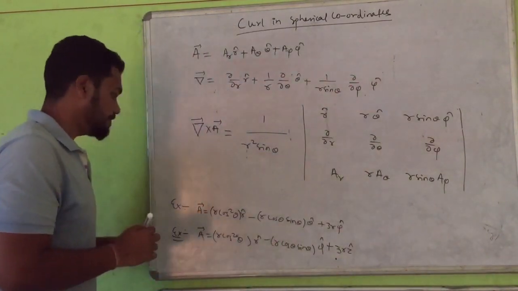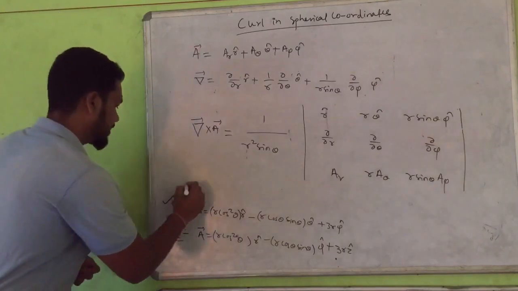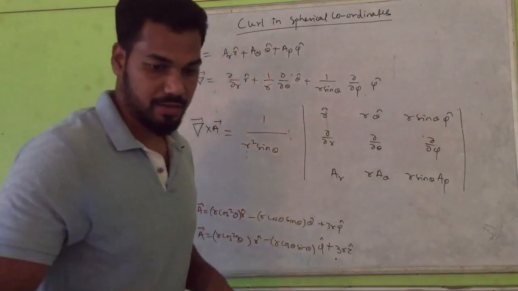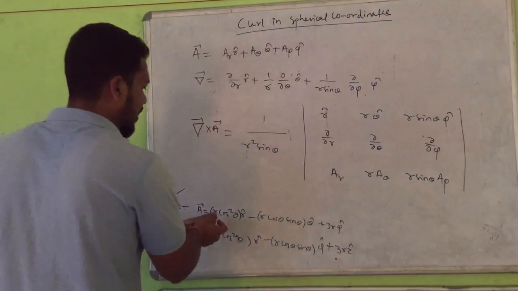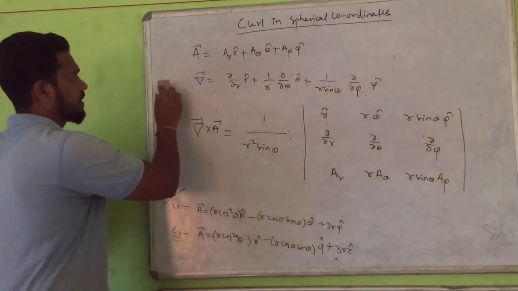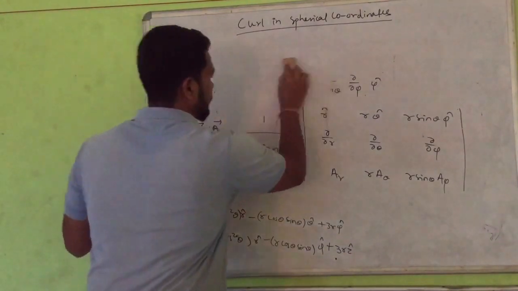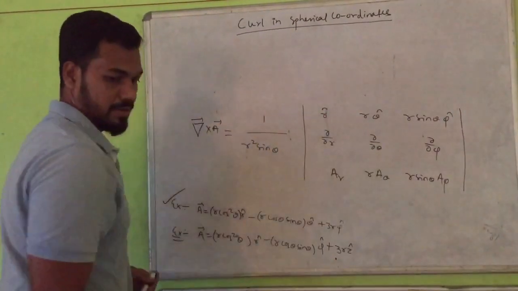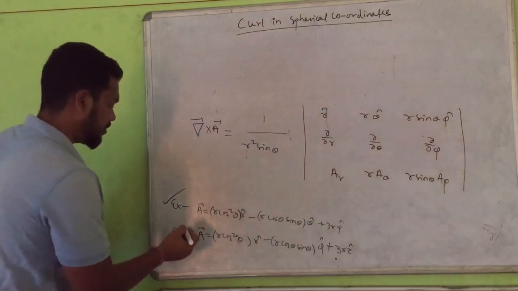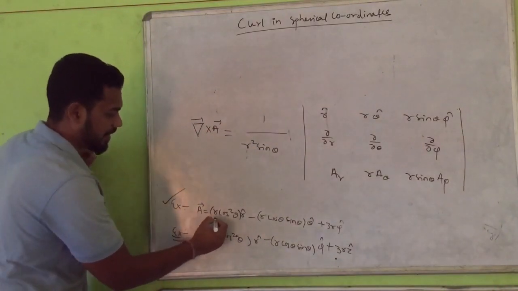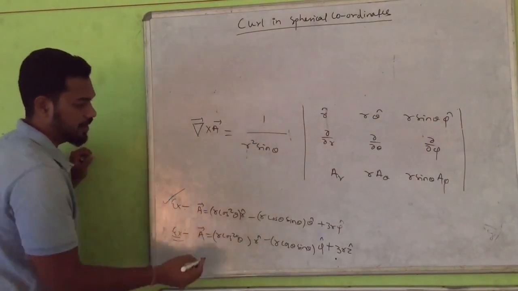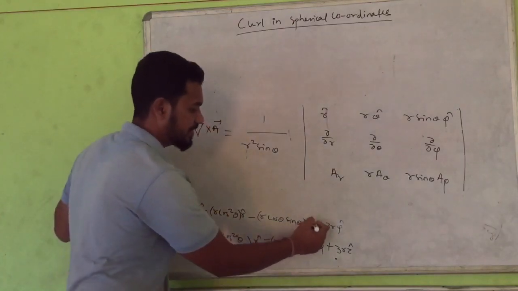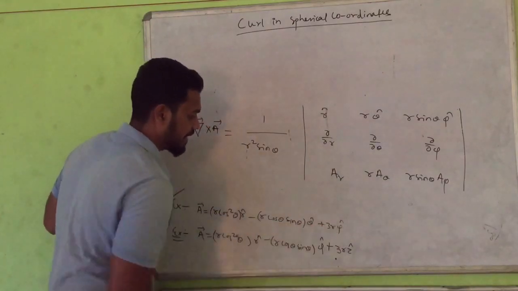Okay, so let's solve the example first to find the curl of the given vector. In the first example you can see a vector given: A equals r cos square phi r cap minus r cos theta sin theta theta cap plus 3r phi cap.